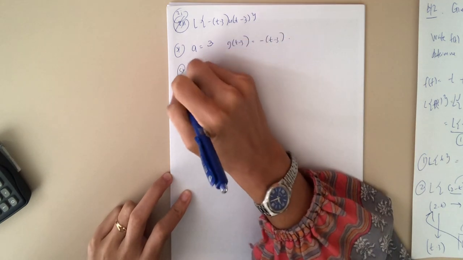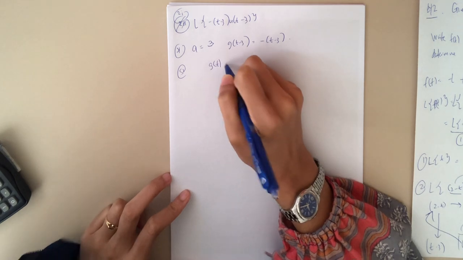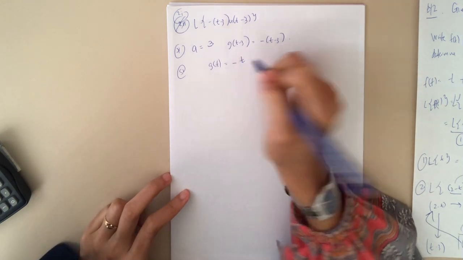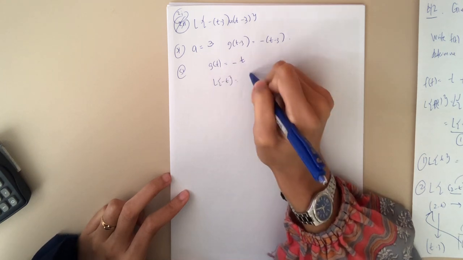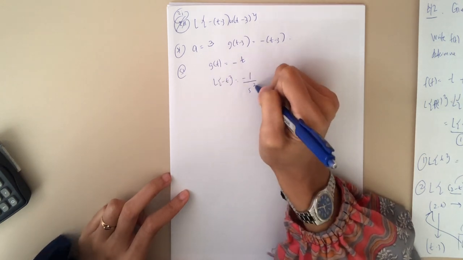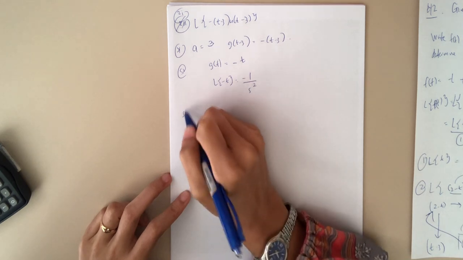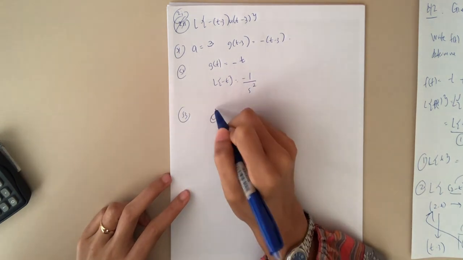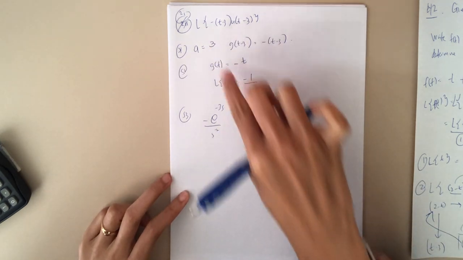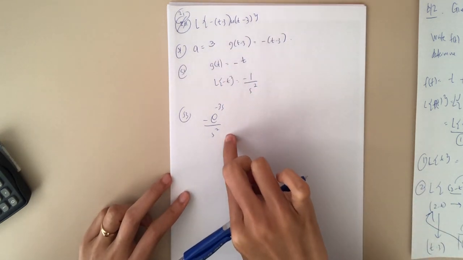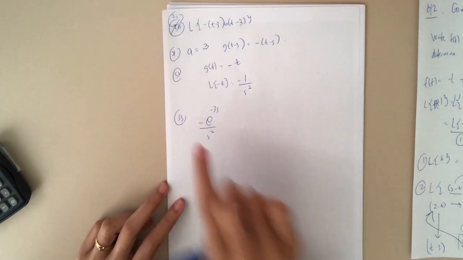Step number 2, identify your g(t). Your g(t) is negative t, and the Laplace transform for negative t is negative 1 over s squared. Step number 3, the final answer is e to the negative 3s times this, so it will be negative e to the negative 3s over s squared.